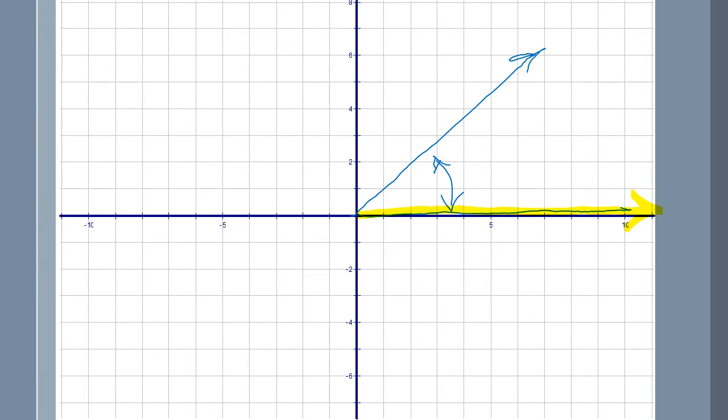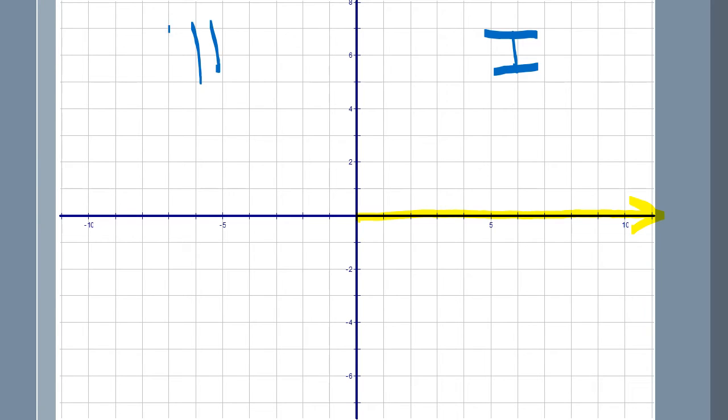Okay, so let's erase all our ink again and put this back in. So we always start going positive from the origin on the x-axis. So one of the things that would happen is if I have a vector, let's say this is quadrant 1, this is quadrant 2, this is quadrant 3, and here's quadrant 4.